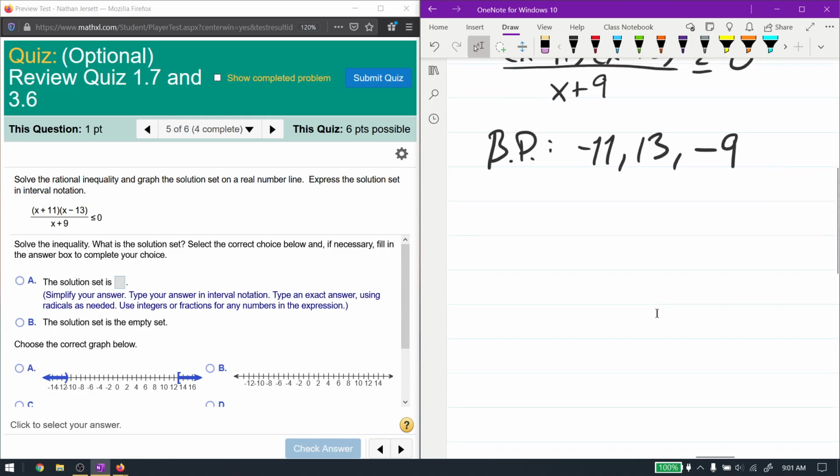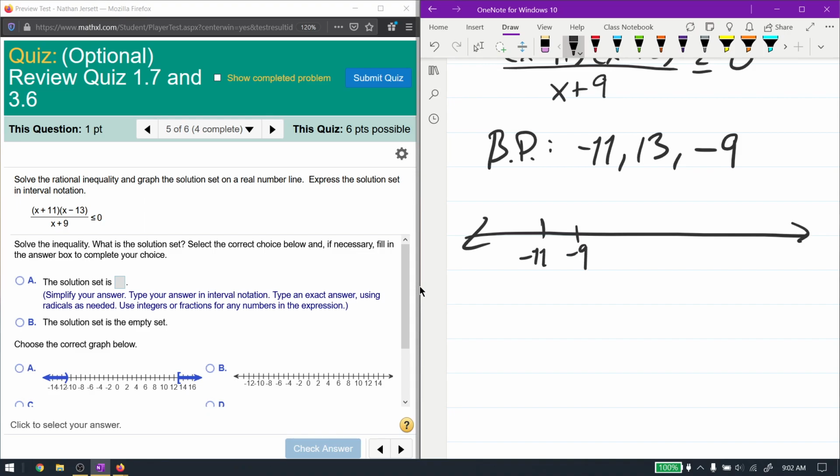Okay, so we have 4 intervals here now. Negative 11's down here, negative 9's pretty close to it, and then 13's way up here.